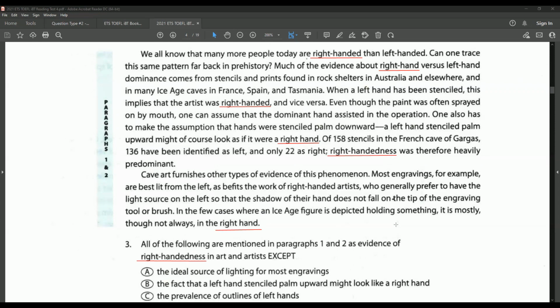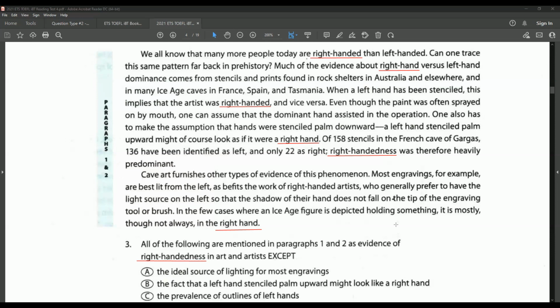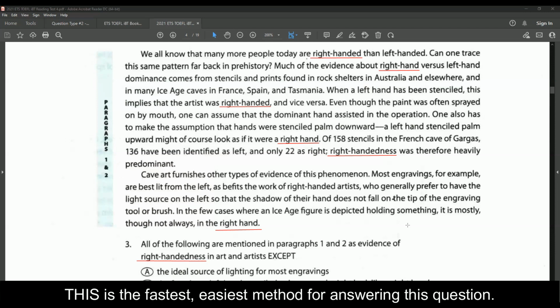Well, here we can see that there are too many places in the passage where it talks about the right hand or right-handedness. When this happens, we want to skip the reading and look at our choices, because our choices will narrow down where we're going to look in the passage.